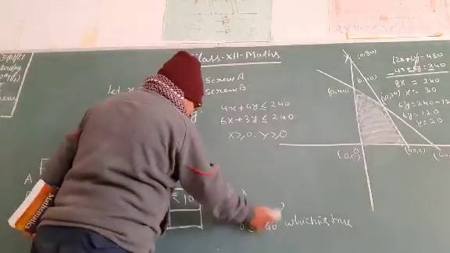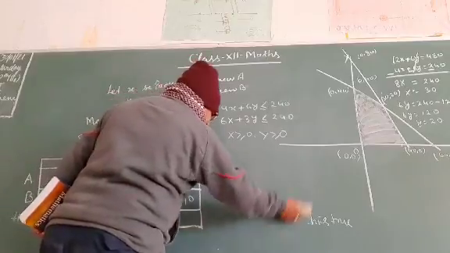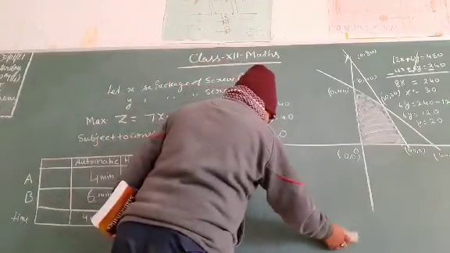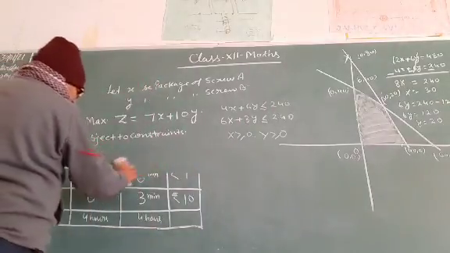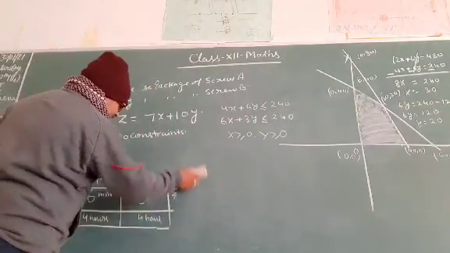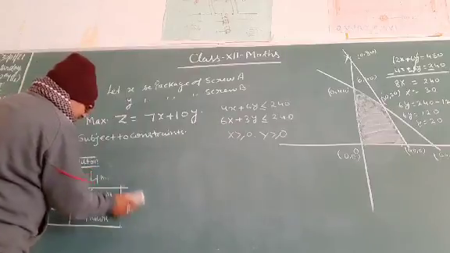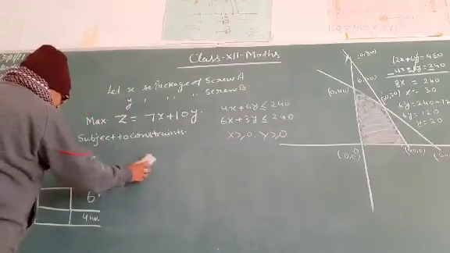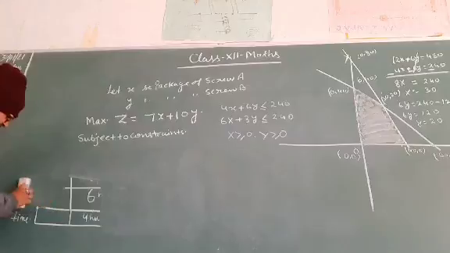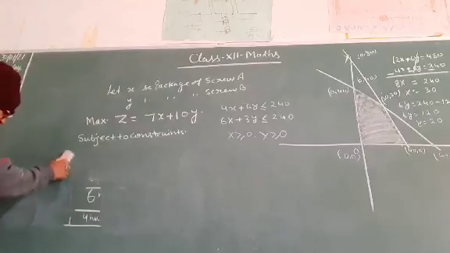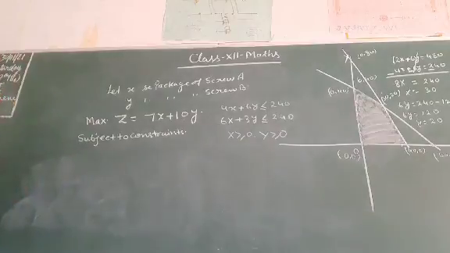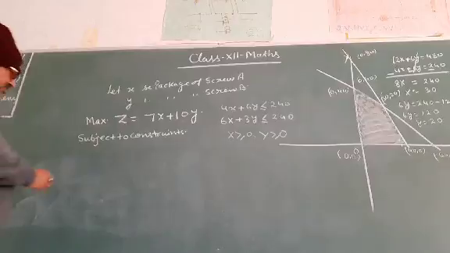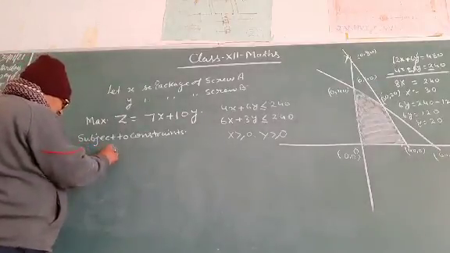Now next, we put the corner point values in the equation z equal to 7x plus 10y. This gives the maximized profit at the different corner points.